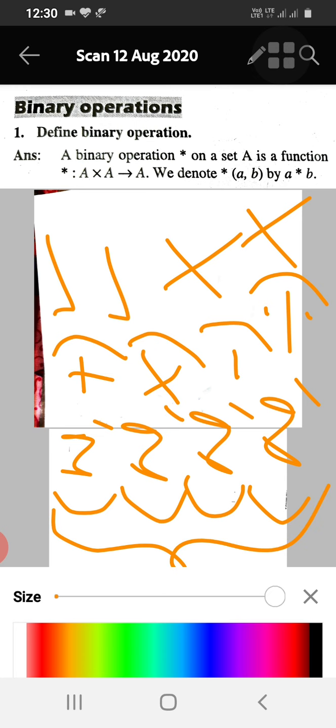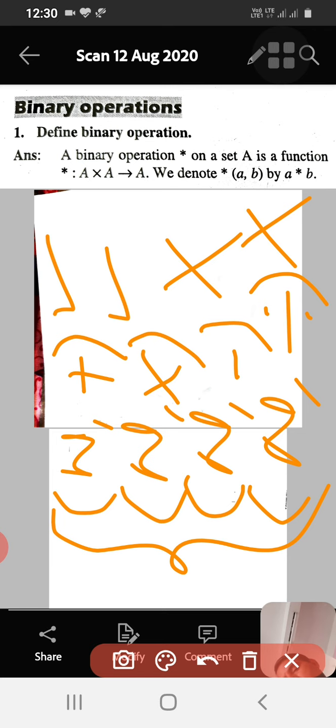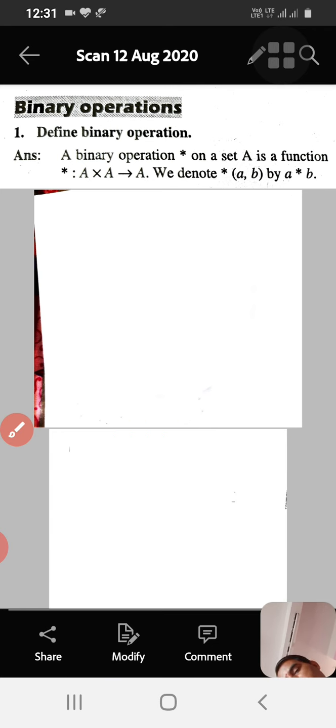In this way we can test this for the set of whole numbers, set of integers, set of rational numbers, and set of real numbers. We go on verifying whether the operation satisfies the closure property or not. This is the way of verifying whether the given operation is binary or not. I hope you can understand this point clearly here.